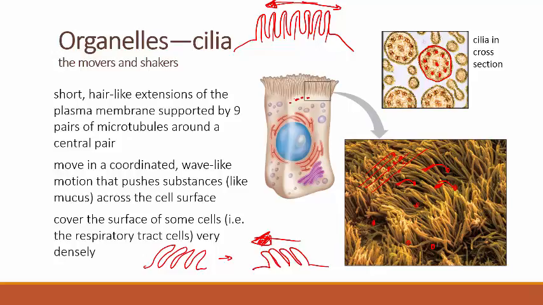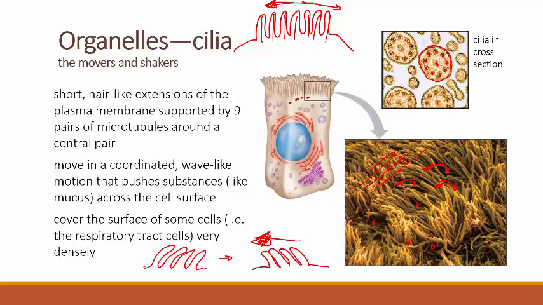The fluids in the ovarian tubes, the fallopian tubes, I'm sorry, I said ovarian tubes, I meant uterine tubes, are also moved along by cilia, because there are cilia that line the uterine tubes, also known as the fallopian tubes.